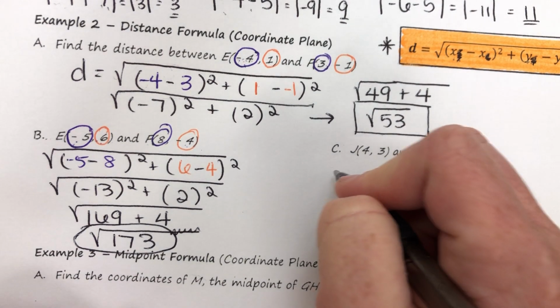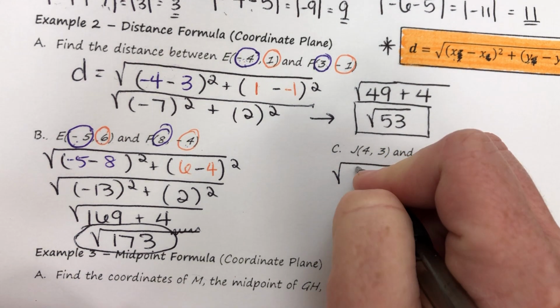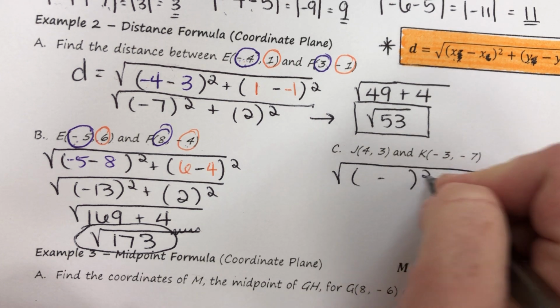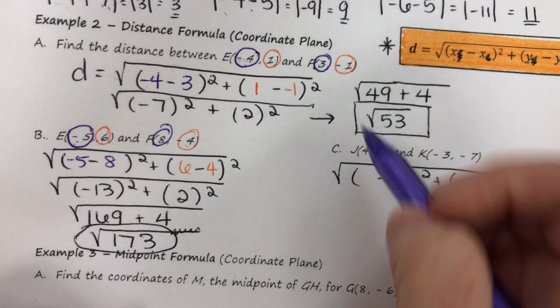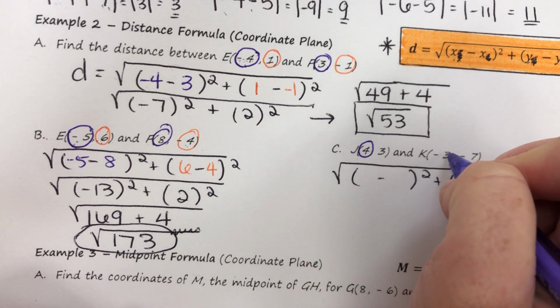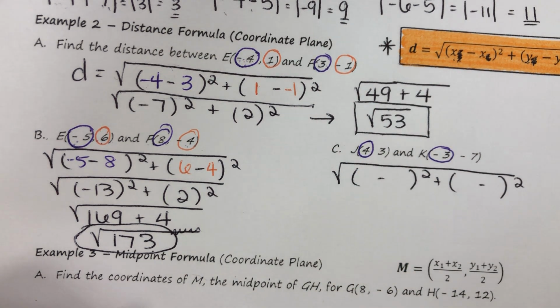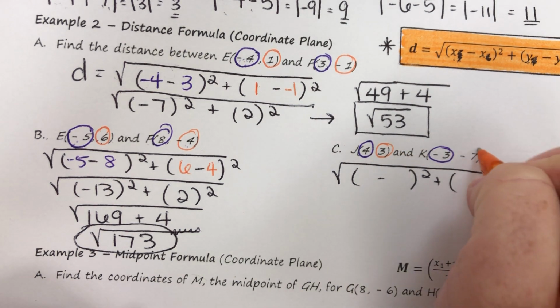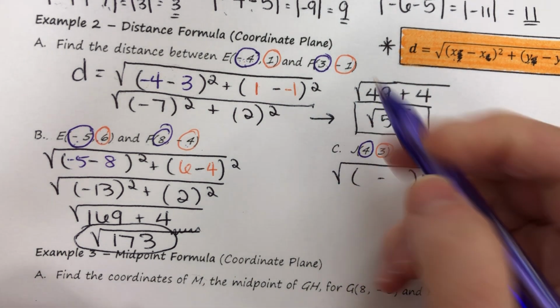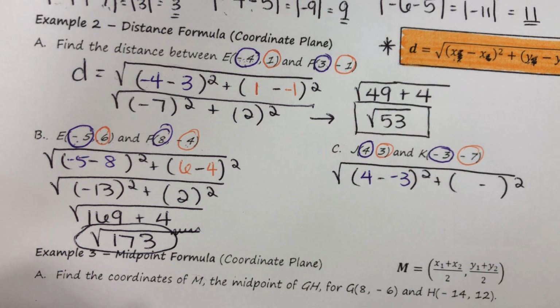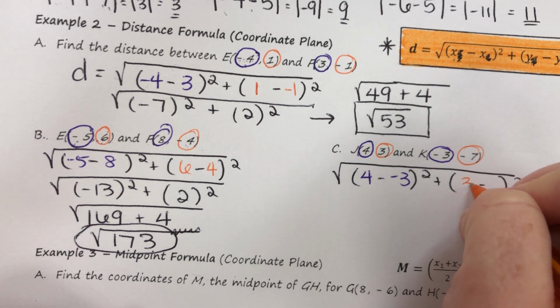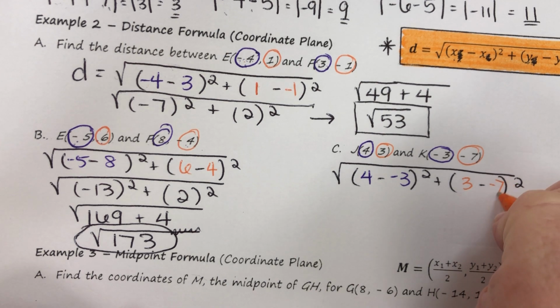Okay, and then lastly, square root of x minus x squared plus y minus y squared. My x's are always the first number in each coordinate. My y's are always the second number in each coordinate. So 4 minus -3 squared plus 3 minus -7.